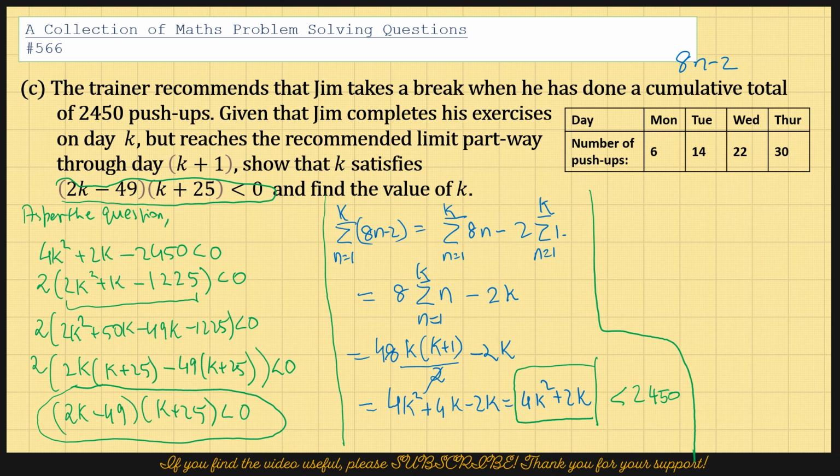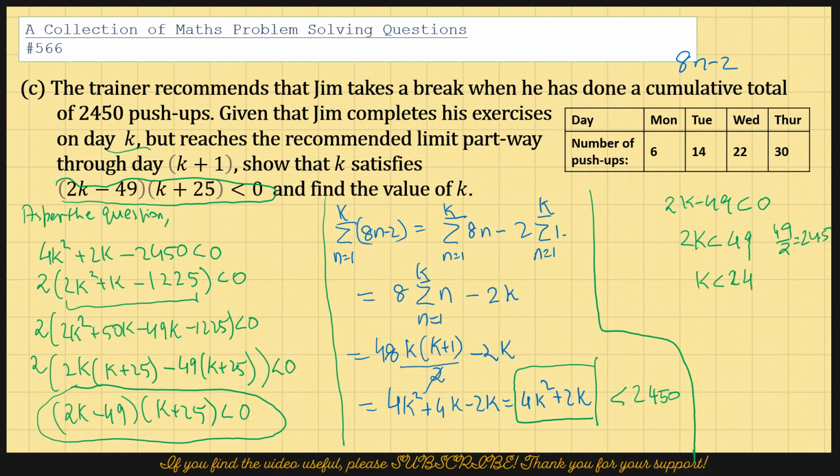So the inequality that we can take is 2k minus 49 is less than 0, and therefore 2k is less than 49, so k is less than 49 divided by 2, which is 24.5. But we are not going to take the decimal. It has to be a whole number value for day k.